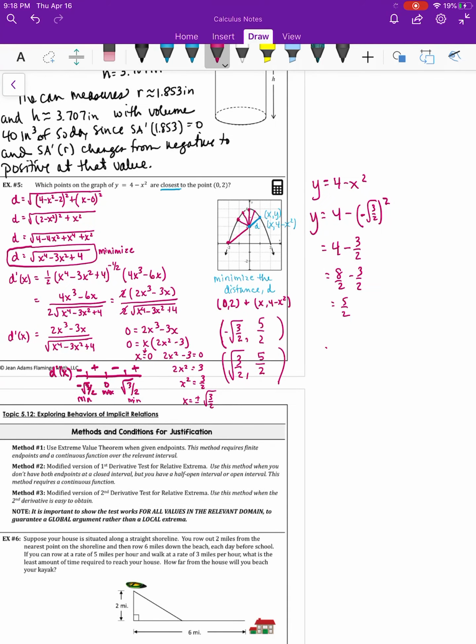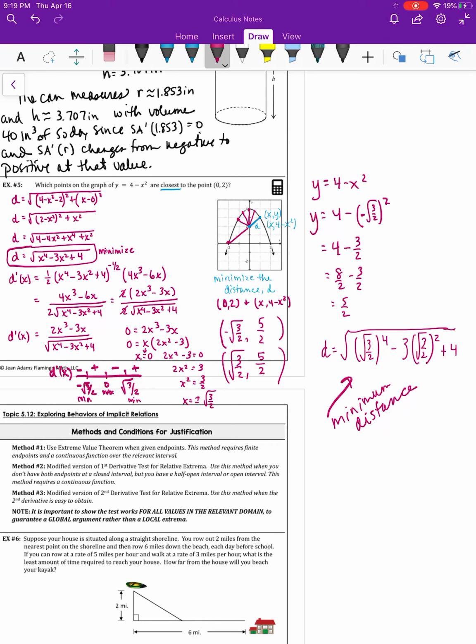And then when you do the same thing with a positive, if I just change that to a positive, I'm going to get the exact same number, because when I square it, I get the exact same number. So these are your points. This doesn't tell you what the distance is. If you wanted to find that out, you'd go back to your simplified distance equation: square root of 3/2 to the 4th, put that square root of 3/2 in, minus 3 times square root of 3/2 to the 2nd plus 4.